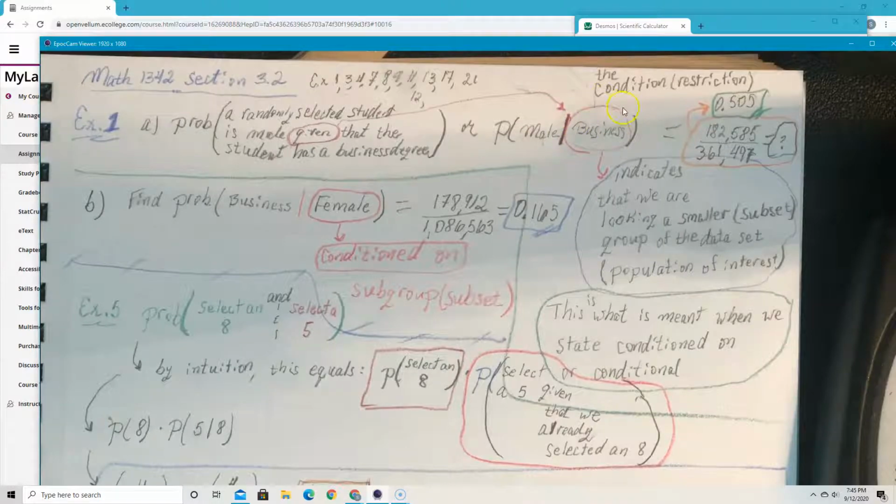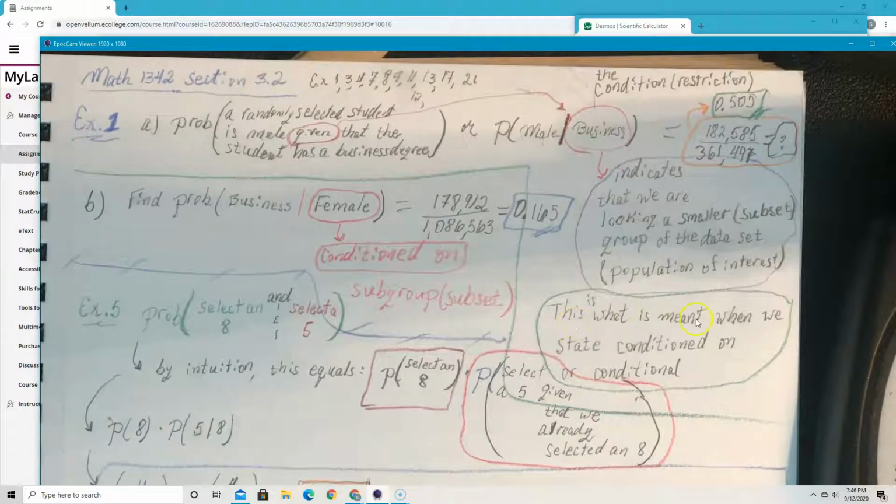Whatever's afterwards is the condition. It's the restriction that means we're looking at a smaller group versus the entire population of interest. The entire population of interest in this problem were all students who graduated with a bachelor's that year in that particular country. But now we're not, because we have this condition. It's conditioned upon, or we say it's conditional, or we say with the restriction that we're only looking at a smaller group, and that's of those who have a business degree that year.